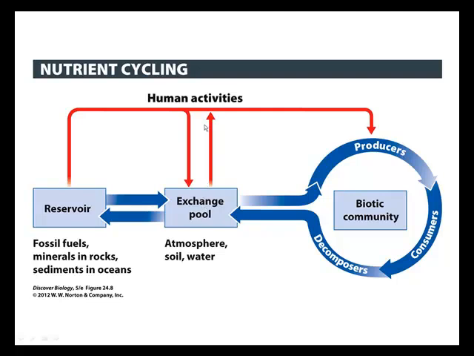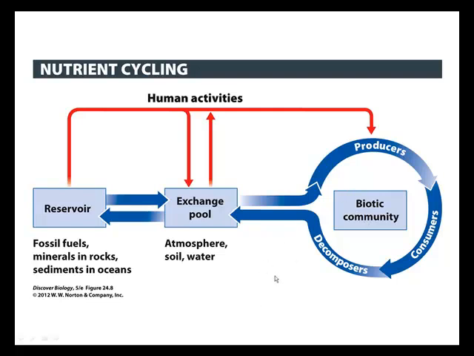And once it's in the atmosphere, it can be used by producers. So let's review. For carbon, it's inaccessible as something like a fossil fuel. It's accessible in the atmosphere, or it can sink into large bodies of water, or it can be moved into the sink of the biotic community. Okay, so that's carbon.